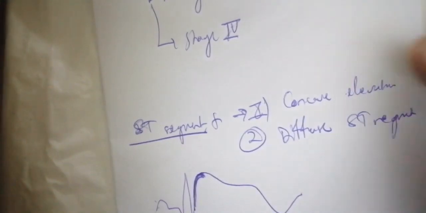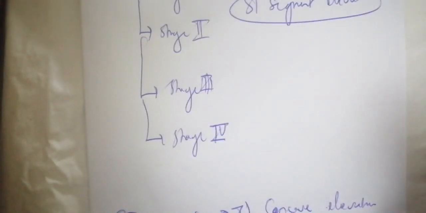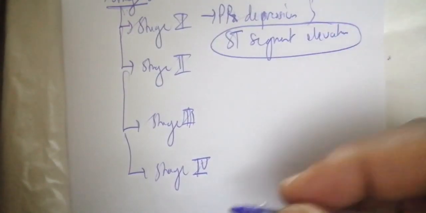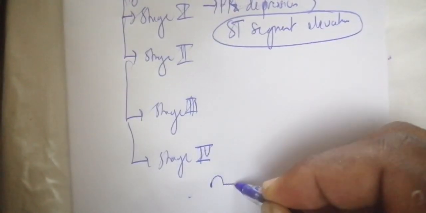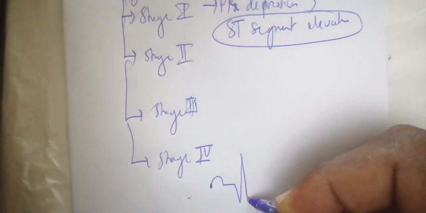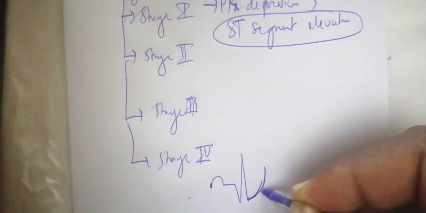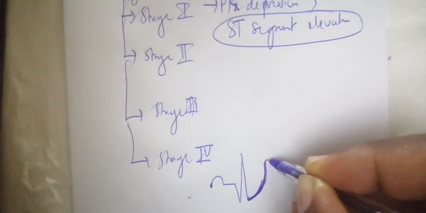Then the next one is a concave ST segment elevation. For concave ST segment elevation, let's say that you have your P wave, then you have your QRS complex. Then in the case of concave, this is how the J point is going to resemble. It is going to be concavely elevated as such, and the J point is going to be as such.